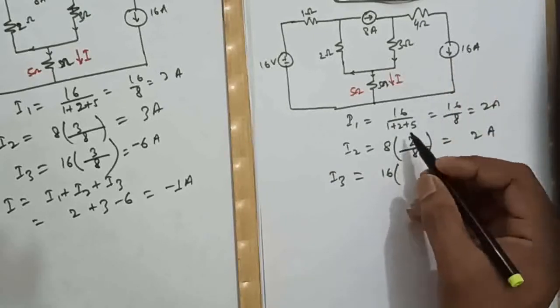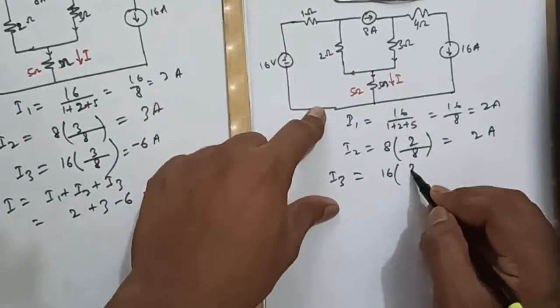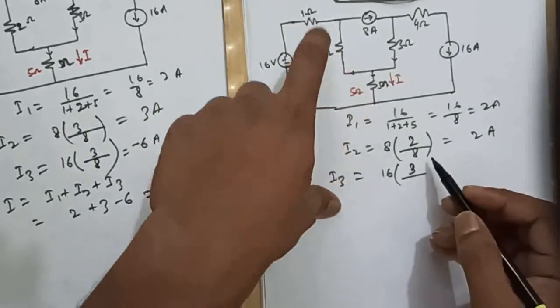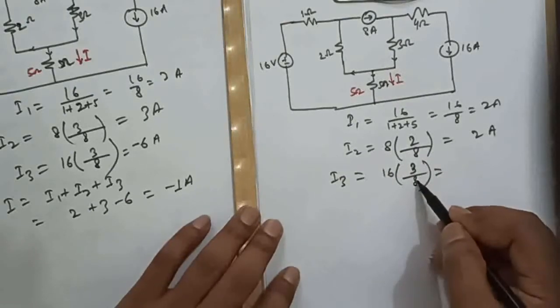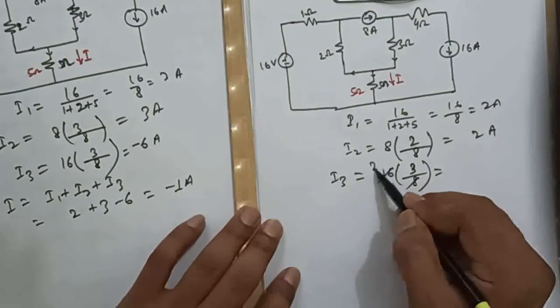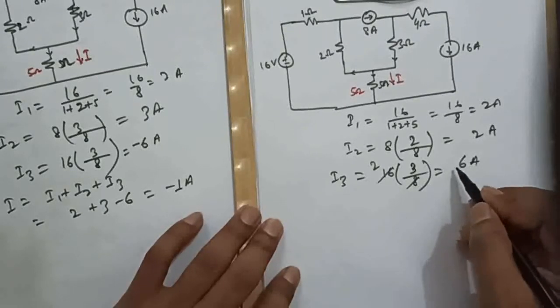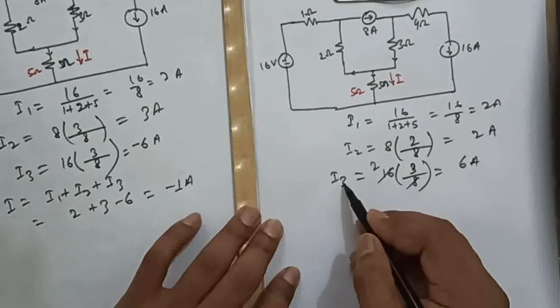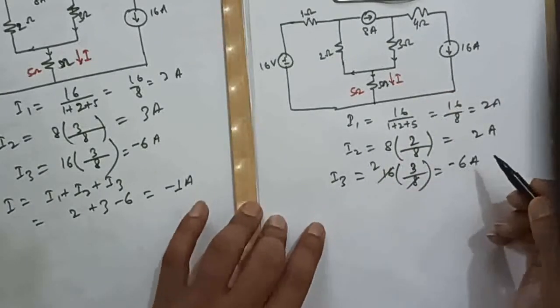So opposite branch resistance will be what? This path resistance, that is 3 divided by total resistance is what? 8 ohm. So what is the current? 16 times 3 by 8, that is 6 ampere. Since this is in the opposite direction of I, so this is minus 6 ampere.